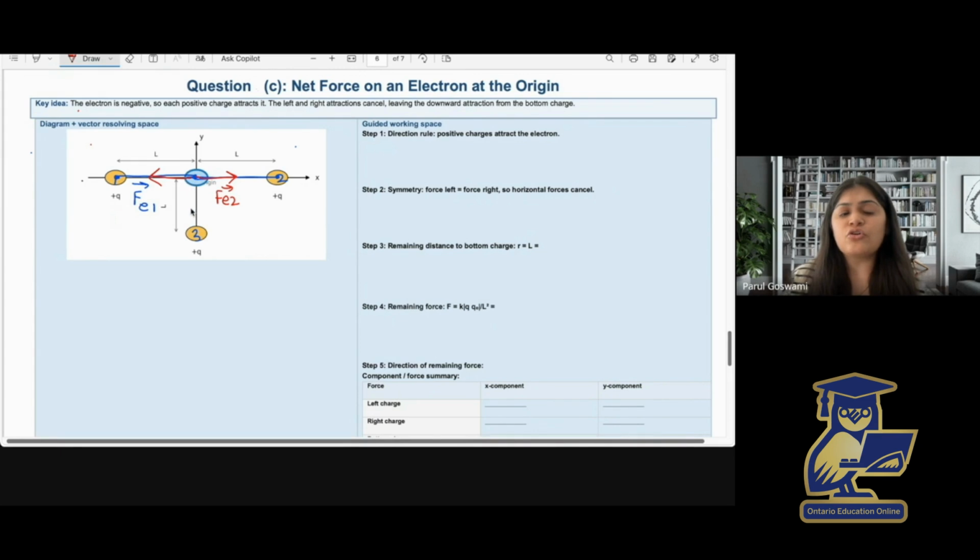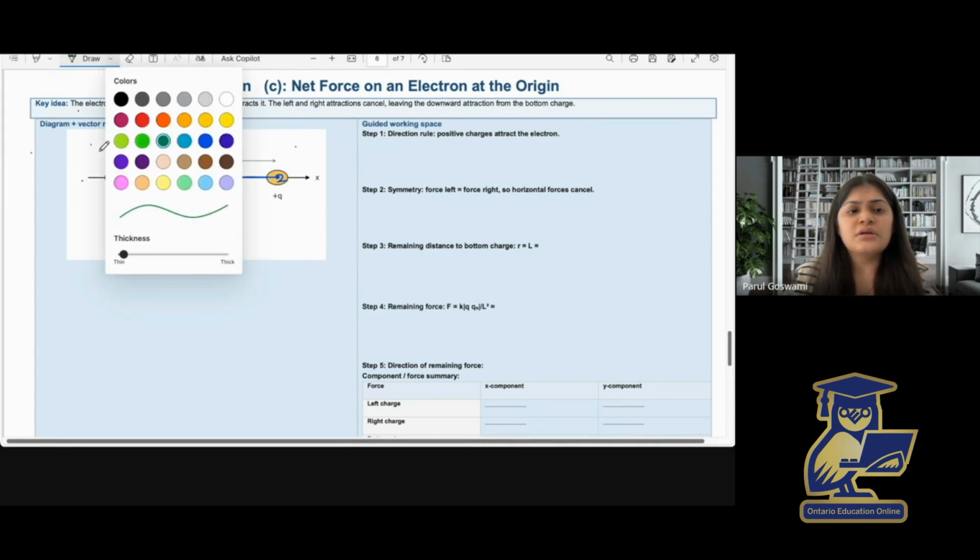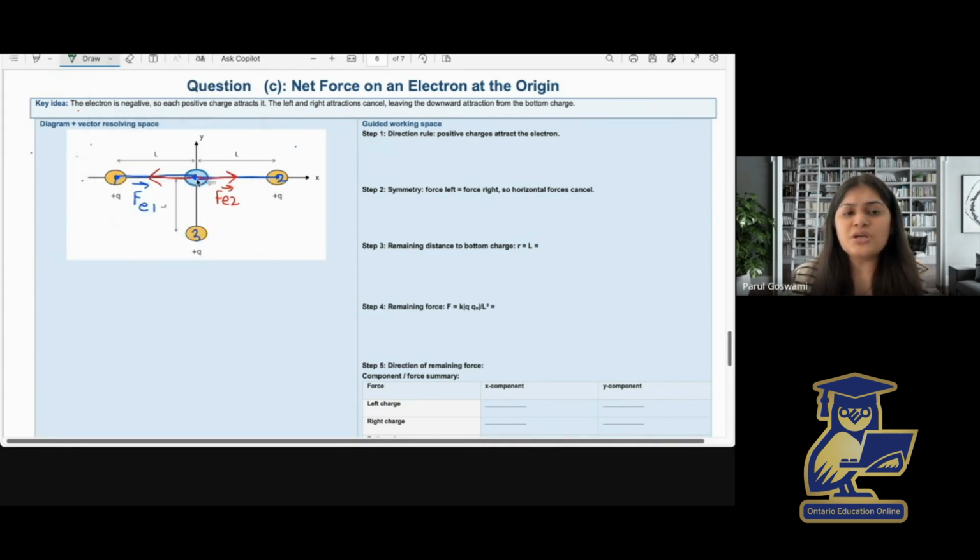Now we are going to draw the third force due to the bottom charge. Again, first I'm going to join these two charges, and the force would be attractive and would be along this line, which is Fe3, in the downward direction.